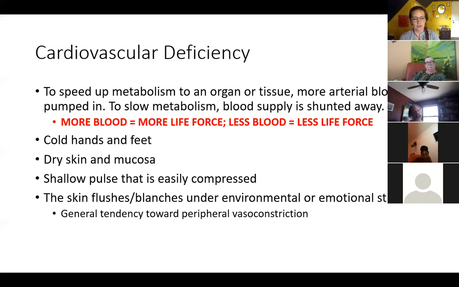General tendency toward peripheral vasoconstriction. That's just what I said about the cold hands and feet. The peripheral parts of the body are sort of shut down. And that's one way to think about it. And what happens when the limbs shut down is that your senses in your limbs shut down too, and so you actually become less feeling in the world, I think, because your life force is too inward.